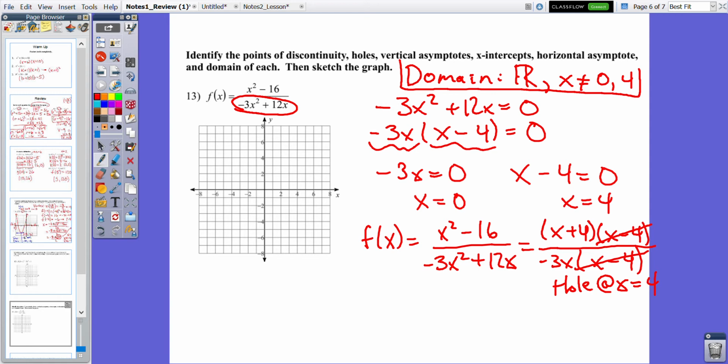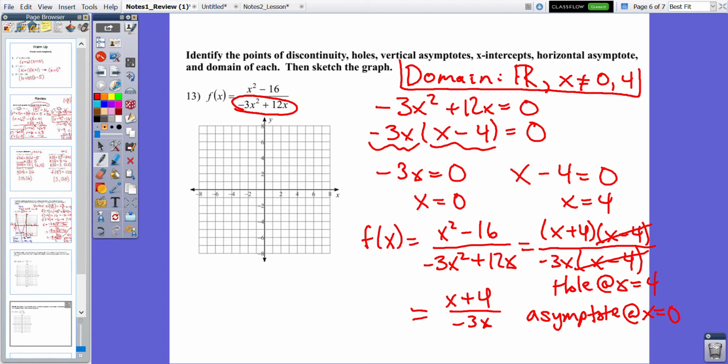If we look at the function after we cancel it out, it looks like this: x plus 4 over negative 3x. Then at x equals 0, because we have nothing else to cancel out, that means that there's an asymptote at x equals 0.